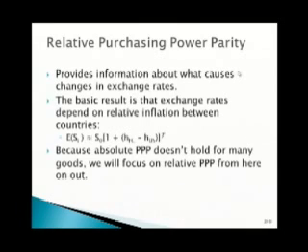So the exchange rate at some point in the future, at some time t, is equal to the spot rate times 1, we multiply by this thing raised to the t power, and the thing is 1 plus the difference between the foreign inflation rate and the U.S. inflation rate. Because absolute purchasing power parity doesn't hold for many goods, we'll focus on relative purchasing power parity.